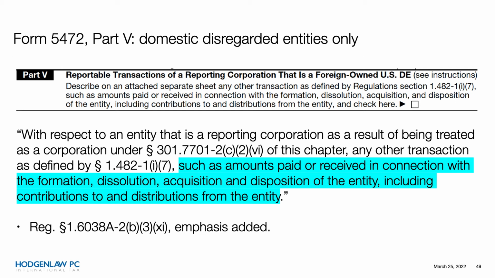Well, think of the cost of formation of the LLC and the annual fees paid to the Delaware Secretary of State, and the resident agent fee. What are these? Do they hit the income statement of the disregarded entity?